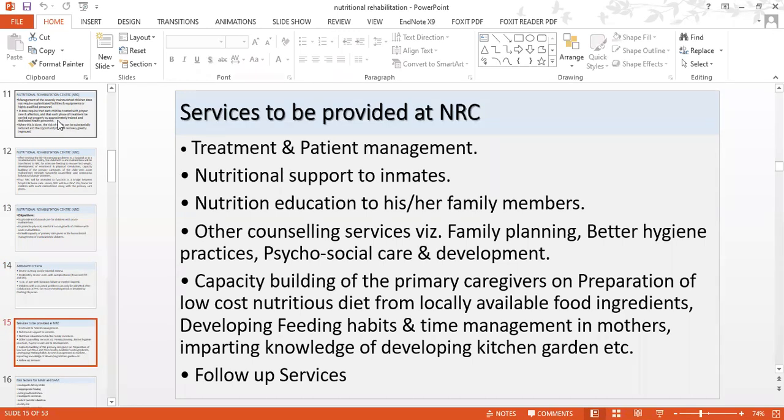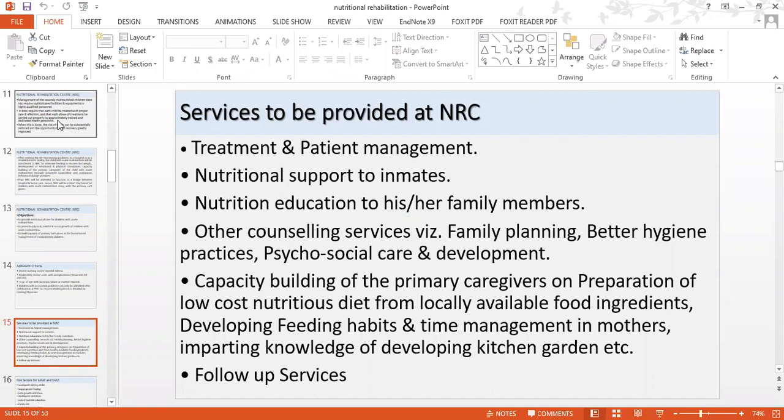The services which we usually provide in a nutrition rehabilitation center are the treatment and management of the patient, nutritional support to inmates, nutritional education to his or her family members, and other counseling services like family planning, better hygiene practices, psychosocial care, and development.